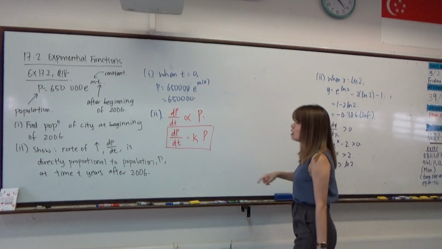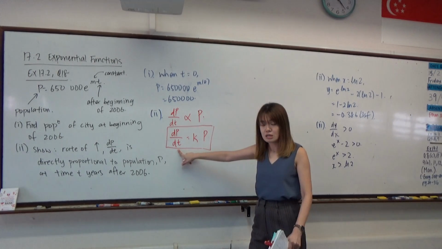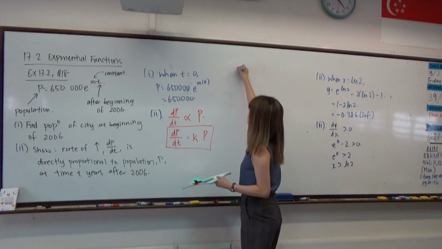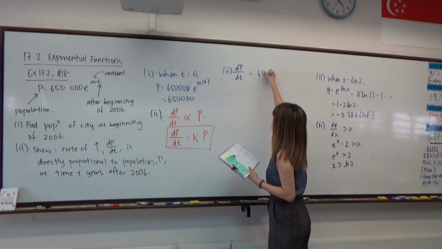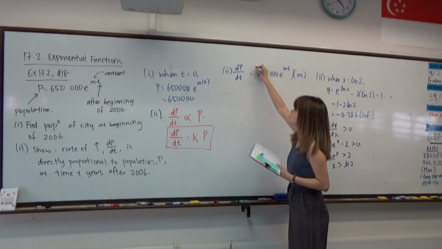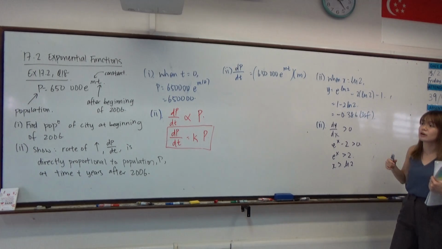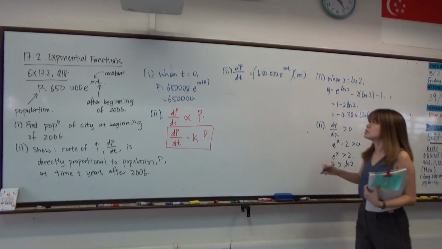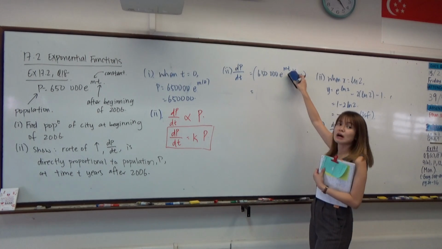So in order to do this, I first need to find dP over dt. Given the equation, I can differentiate to find dP over dt. Differentiating the exponential, it remains the same, but don't forget to differentiate mt with respect to t, which will be equal to m. So I will be getting 650,000 e to the power mt.